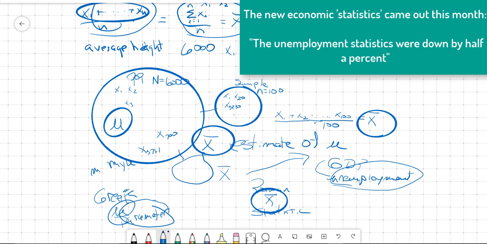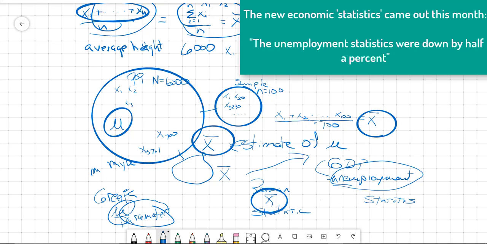So they don't ask every single company. They only ask a sample of all the companies. And so we call that a statistic. So when they say the new statistics for the economy came out this week, I think that's what they're saying. That the implication is that it came from a sample of the entire economy.